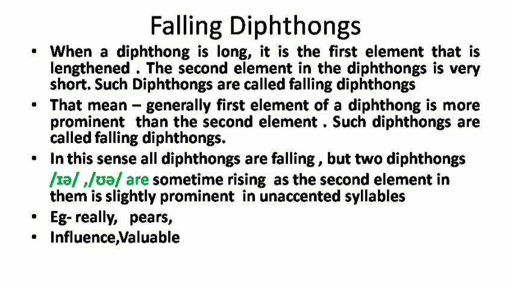In this sense, all diphthongs are falling, but 2 diphthongs, ear, u, are sometimes rising as the second element in them is slightly prominent in unaccented syllables. If they come in unaccented syllables, the second element will be given some importance, as in really.